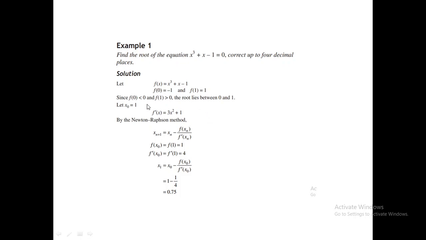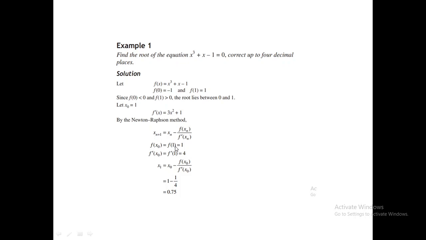You know how to calculate the derivative of the given function. Once you have calculated, then you have to use the Newton-Raphson method formula, the generalized formula: xn plus 1 is equal to xn minus f of xn divided by f dash of xn.